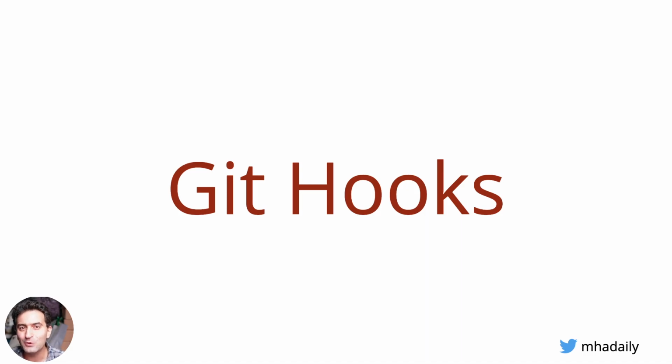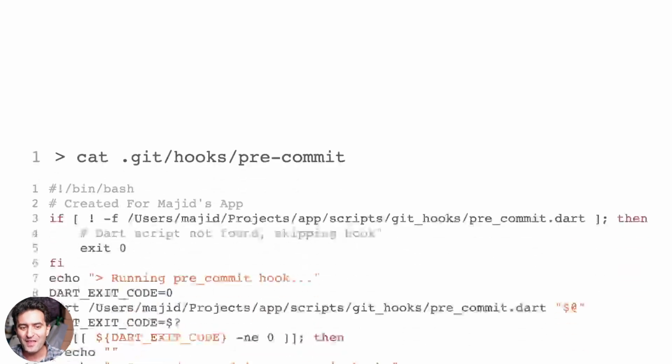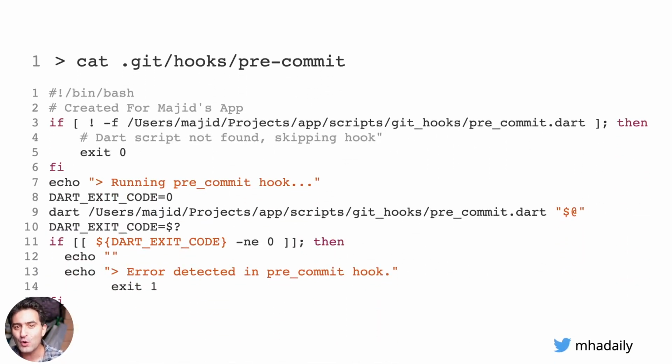For example, Git hooks are one of those. You probably know that we have different Git hooks, such as commit messages, pre-commit, and so on and so forth. In fact, you can write your Dart scripts and then force your hooks. This is my hook, like pre-commit, to run the Dart hook that you have.